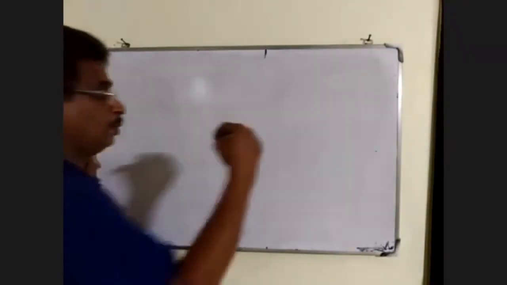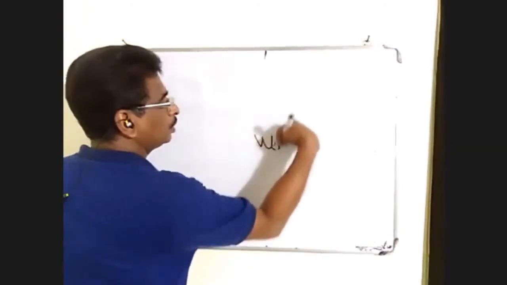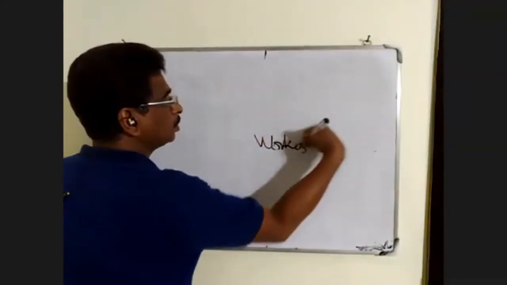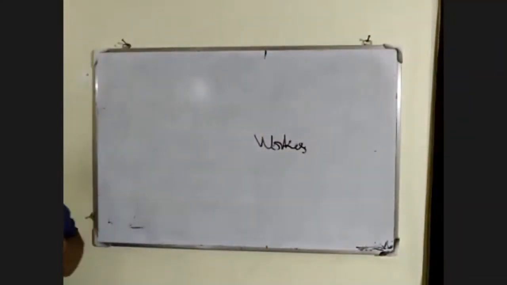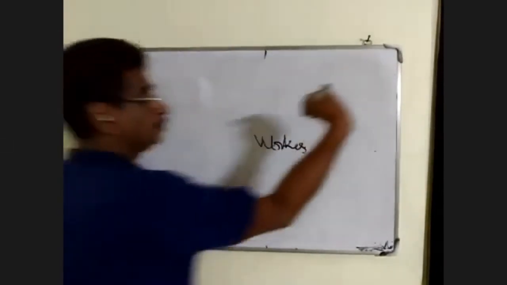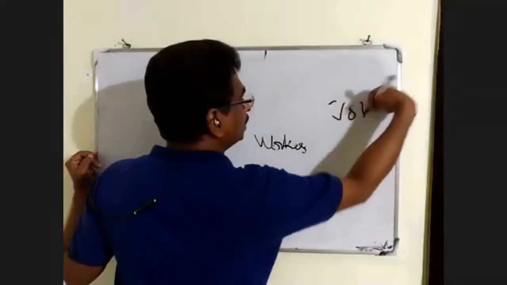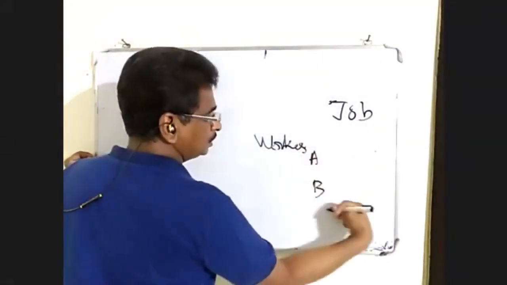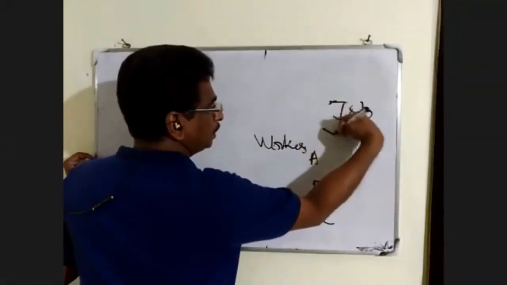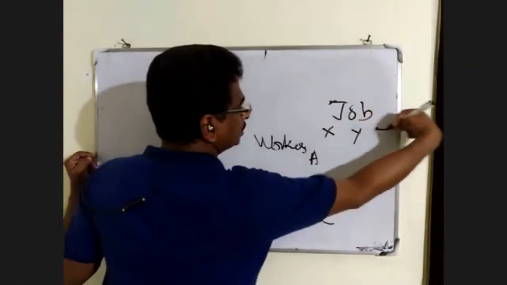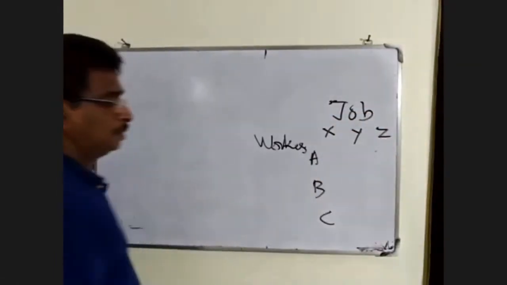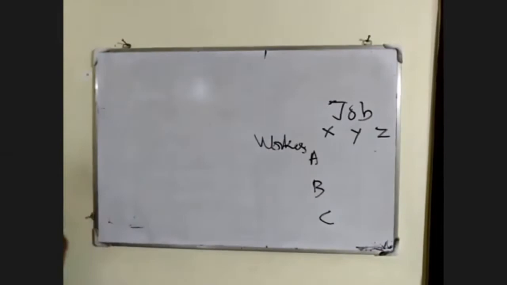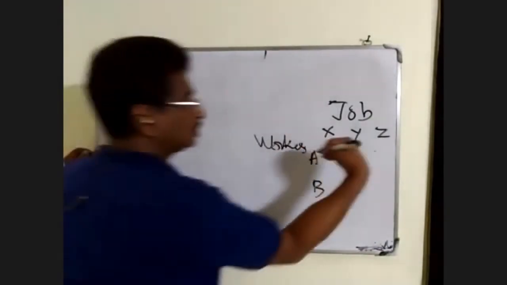Following assignment problem. Workers, very simple problem. Workers A, B, C and the jobs X, Y, Z. I put here 18, 17, 16.